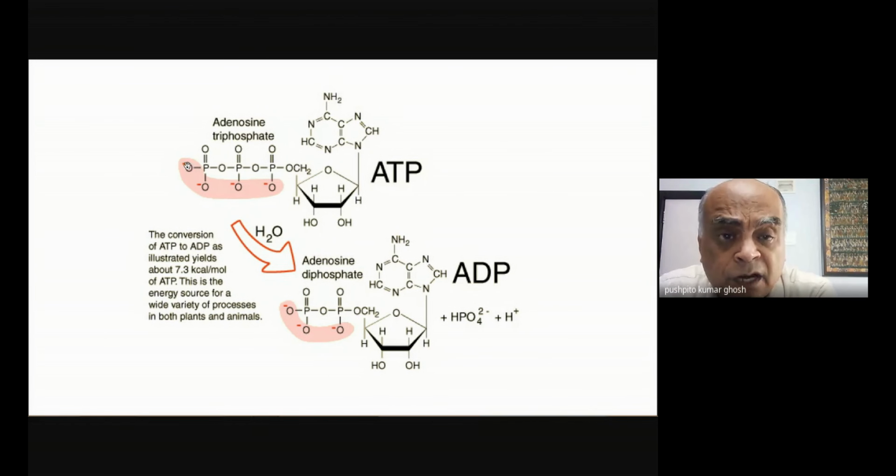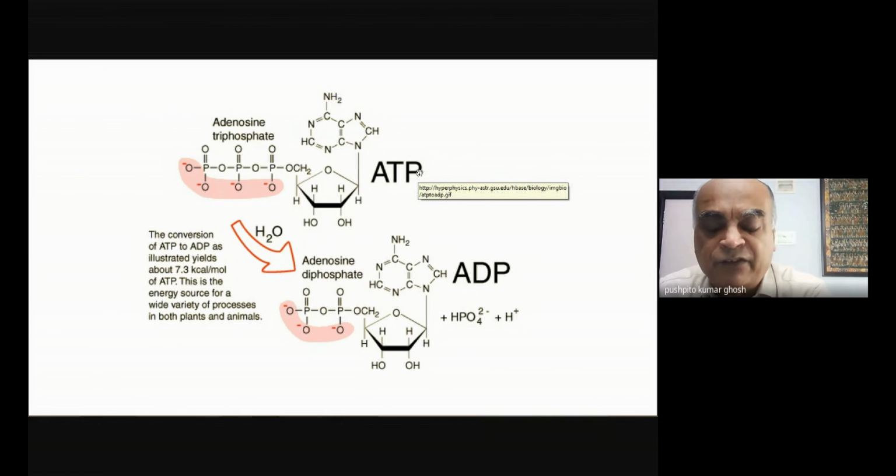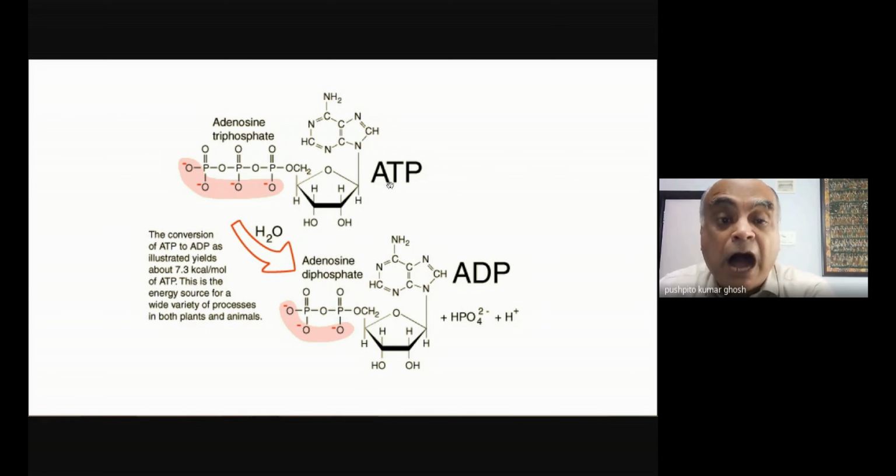Now, the third phosphate, when we put it in, pushes the molecule into a higher energy level. So ATP has higher energy than ADP. Now, how much higher? When ATP gets converted to ADP, it releases 7.3 kilocalorie per mole.